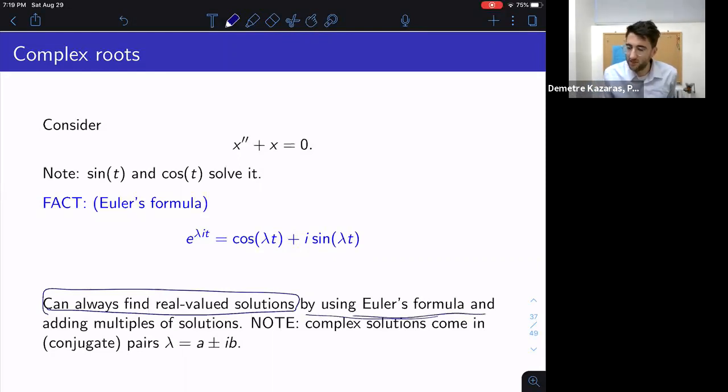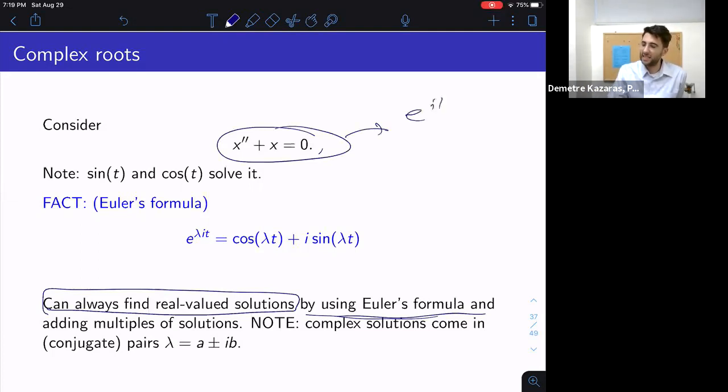And you can achieve this. Suppose you look at this equation, you get those complex solutions, e to the it and e to the minus it, and then you're like, oh man, that's a bummer. I was hoping to get a real valued function out of this.